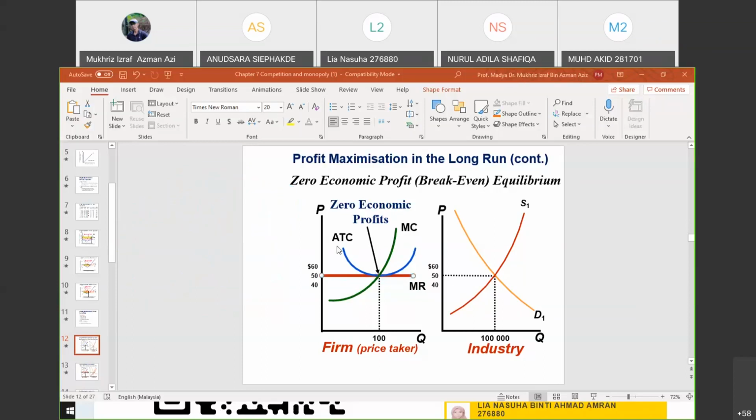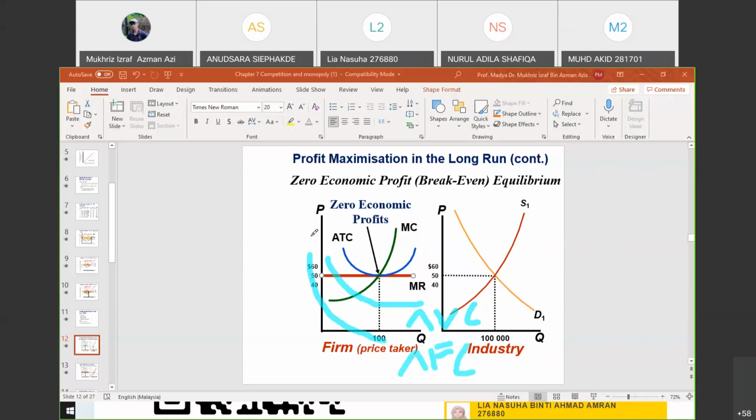This is the firm's average cost and marginal cost curve. Notice that we don't draw average variable cost, AVC. Why don't we draw AVC? Because in the long run, all costs are variable costs. If you draw AVC, it means there should be average fixed cost as well, AFC.